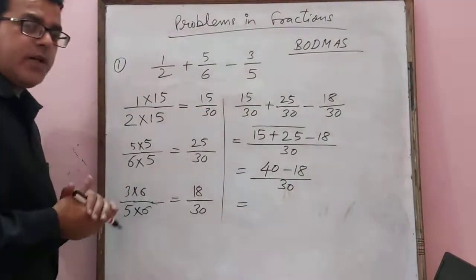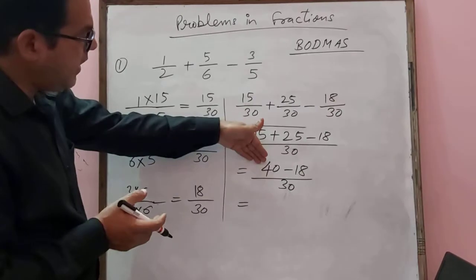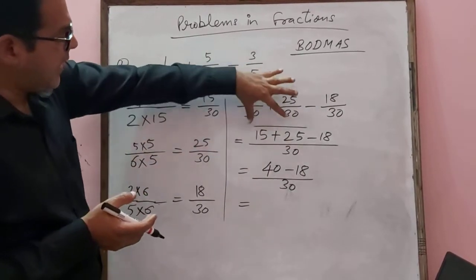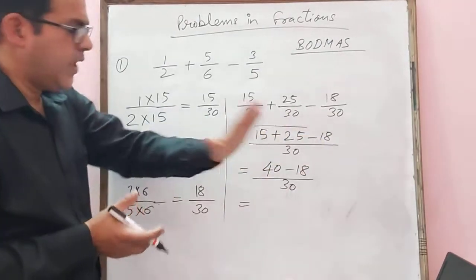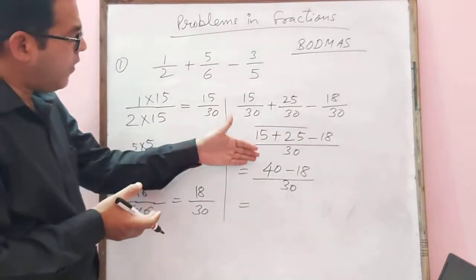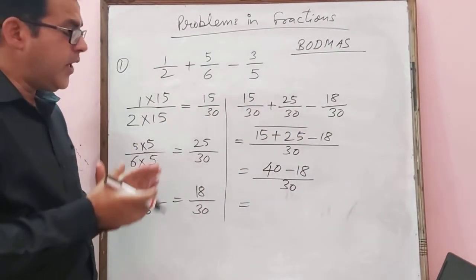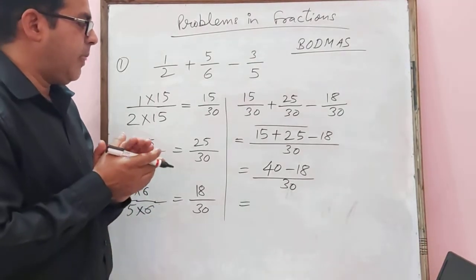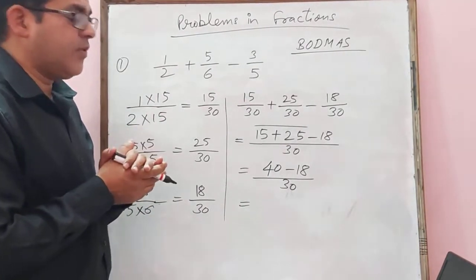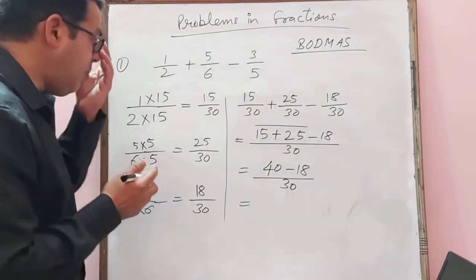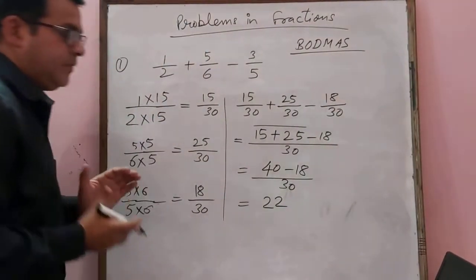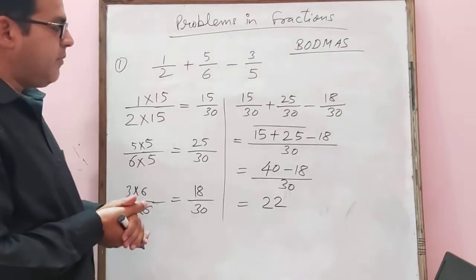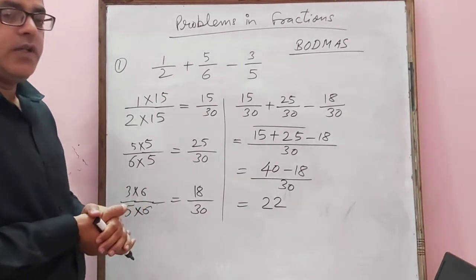Hope you understand. Now 40 is here after adding 15 and 25, and we have to subtract 18 from 40. So what will come? 22 will come. 40 minus 18 is 22.